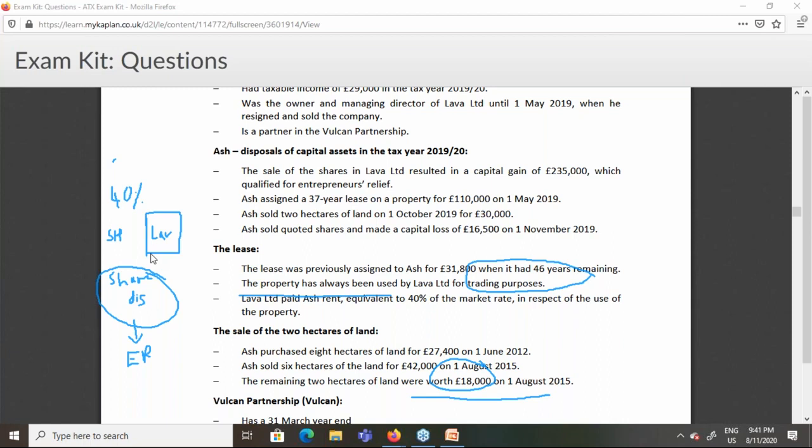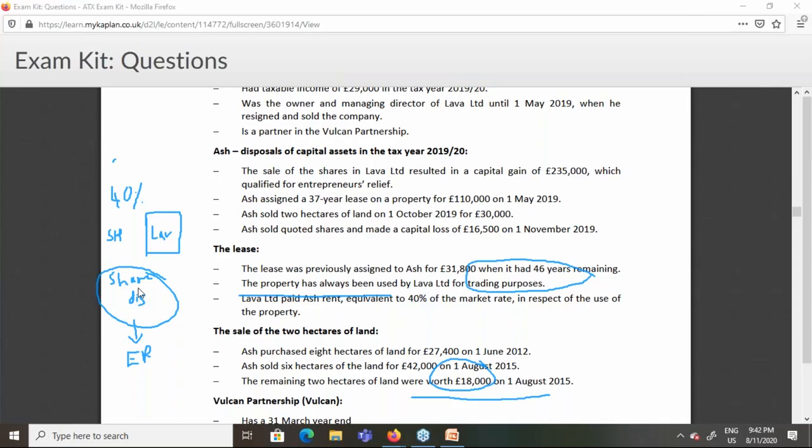Therefore, while leaving the company by selling the shares, he has decided to transfer or sell his lease right as well. So you can see, even though the share disposal and the transfer of the lease right are two different transactions, they are actually connected to each other. They have some kind of association with each other.